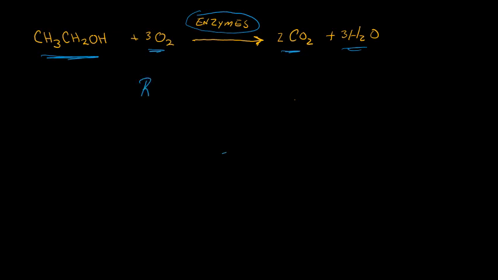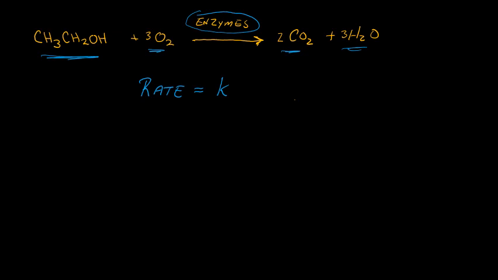A lot of biological reactions work like this. And for this particular reaction, the rate law is rate equals k. Now what's weird about this, I told you this one was going to be a little bit weird, is the reactant species, the ethanol and the oxygen, don't appear in the rate law, right?